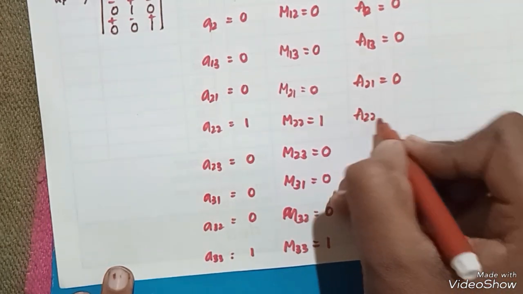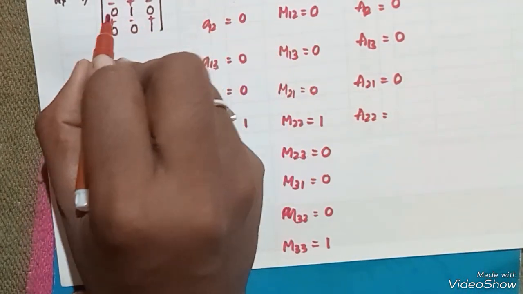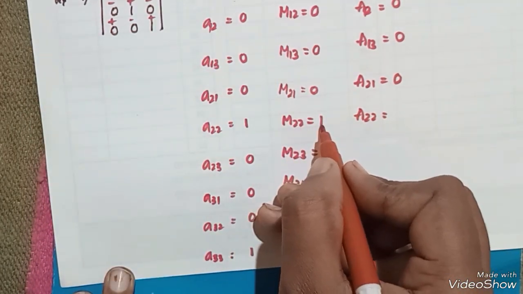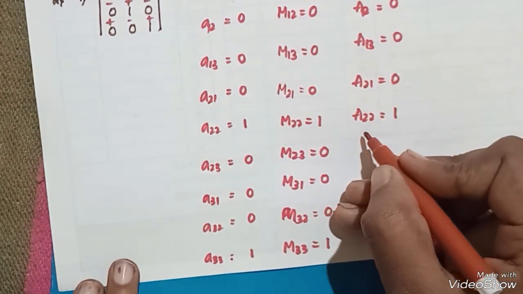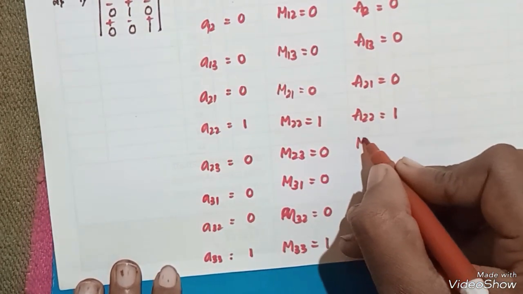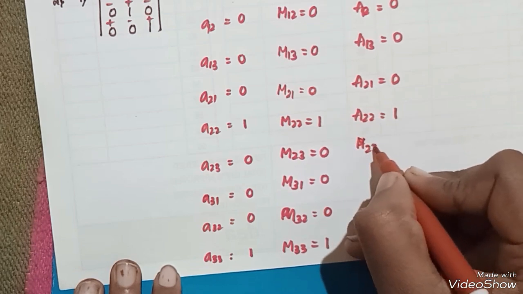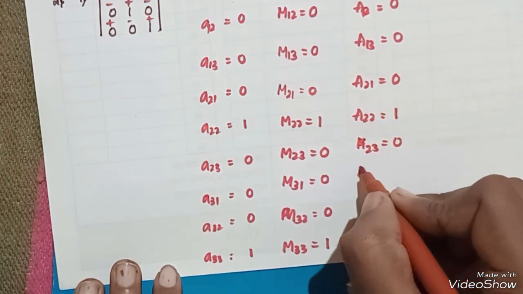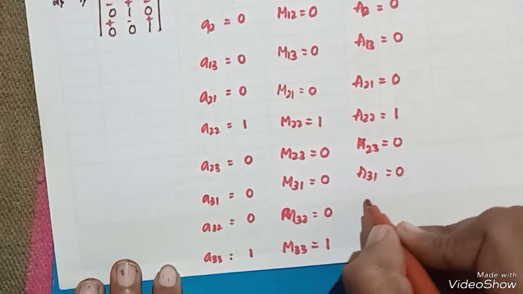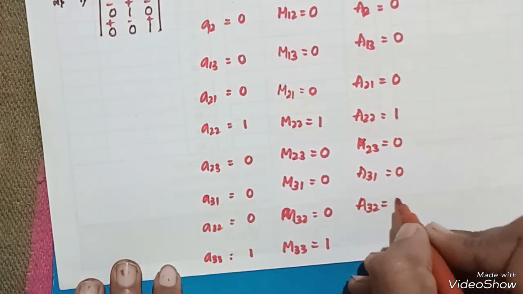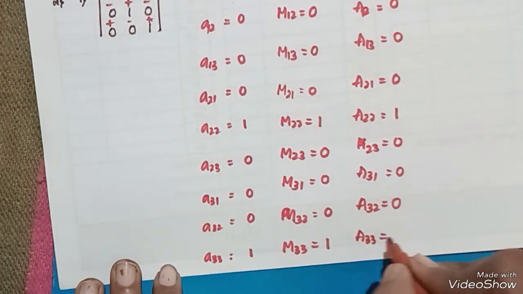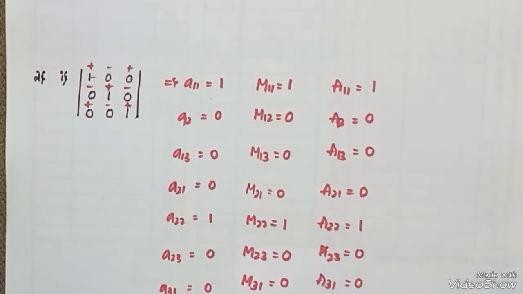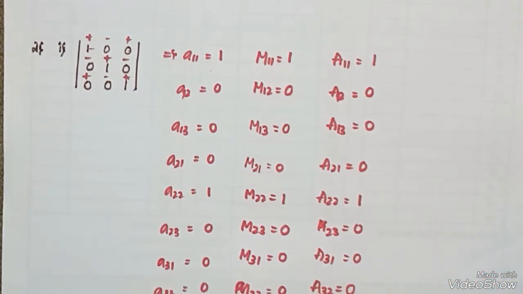Now check the minor of the element: the element 2 in the second row, second column has the sign plus, so its cofactor is 1. Cofactor of 23 is 0, cofactor of 31 is 0, cofactor of 32 is also 0, and for cofactor of 33, the corresponding sign is plus, hence the value is 1. Therefore these are the minors and cofactors of the given determinant.